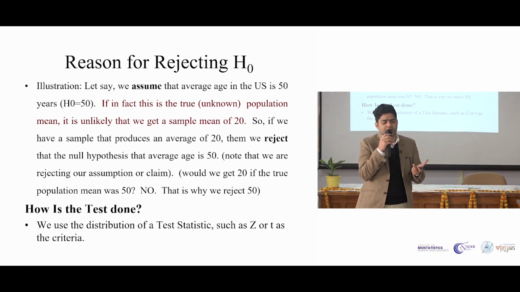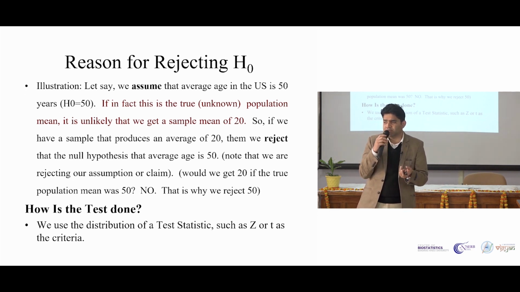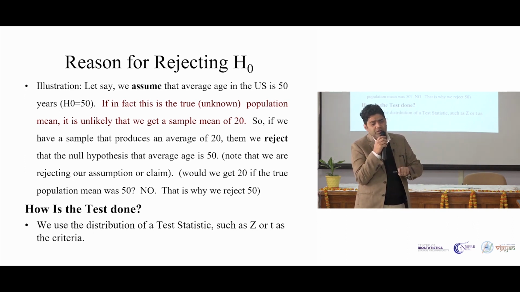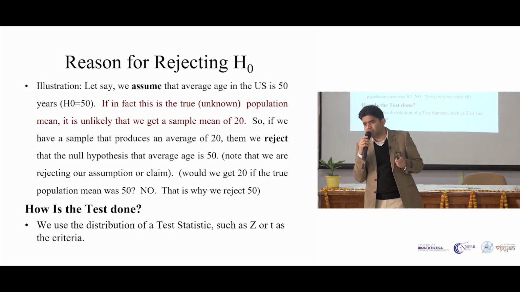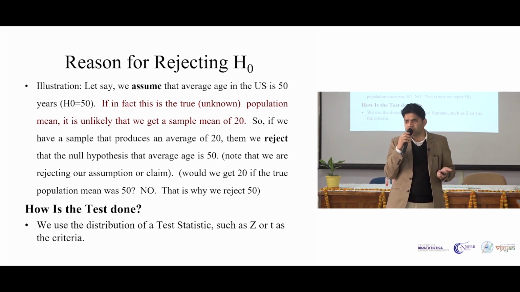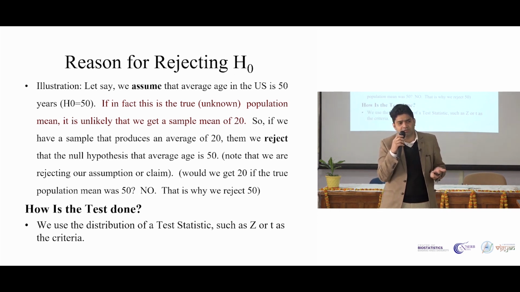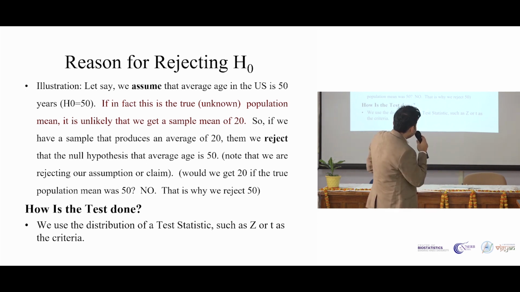But if we have collected the data and it is not matching the H naught, we will be getting a lower p-value and we will be making an inference that our null hypothesis will be rejected at the given level of alpha. So this we would be doing in any type of statement, whether it is mean, proportion, correlation, regression, anything. Okay, this is the phenomenon.